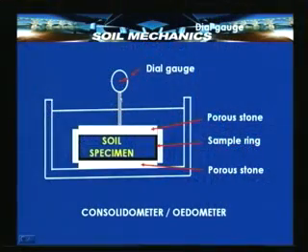What this means is the soil specimen is fully saturated, and when you subject it to a load and measure its deformation with the help of a dial gauge, then as the soil undergoes compression due to expulsion of water, water must have a passage for expulsion, and these two porous stones help in providing the much needed passage for the water to get expelled out.